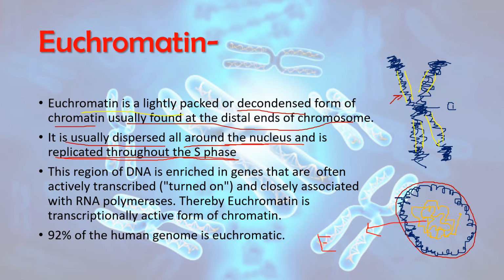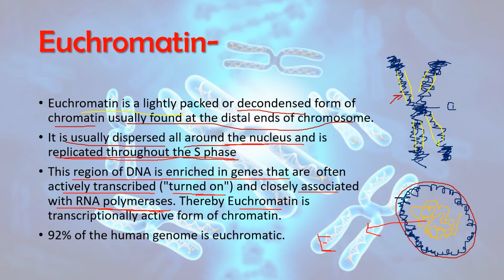It is dispersed all around the nucleus and is replicated throughout the S phase. During the synthesis phase, this euchromatin region gets replicated. This region of DNA is enriched in genes that are often actively transcribed, that is, turned on genes. So the genes present in euchromatin are known as turned on genes because they are actively transcribed and closely associated with RNA polymerase. As this structure is loosely, lightly packed, they are easily accessible to the polymerase enzymes.